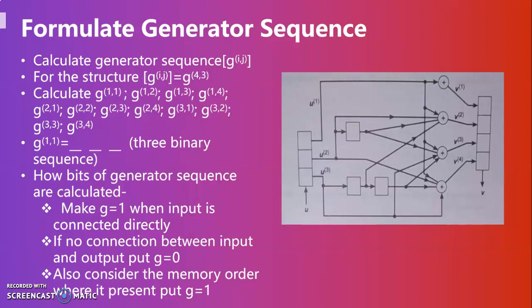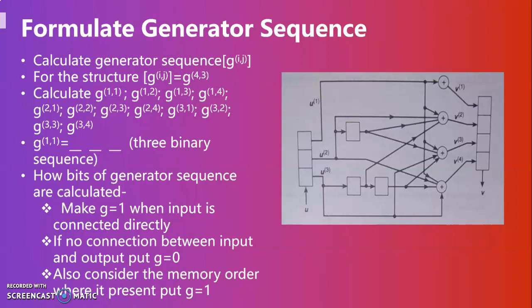Again, you can see that the maximum memory used here is 2. So by considering the present input and the previous 2 inputs, that is the memory, the maximum memory present here. In all cases, you have to find out 3 generator sequence bits for each input and output.